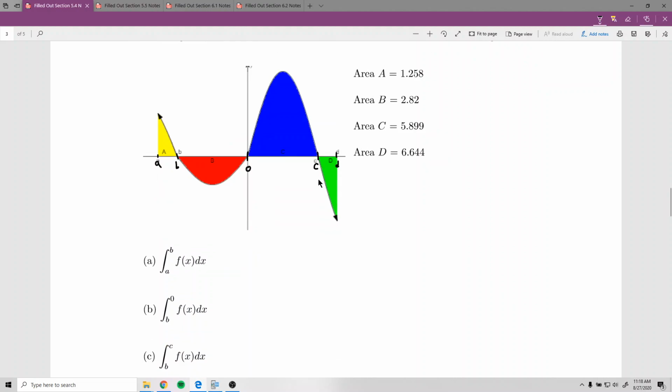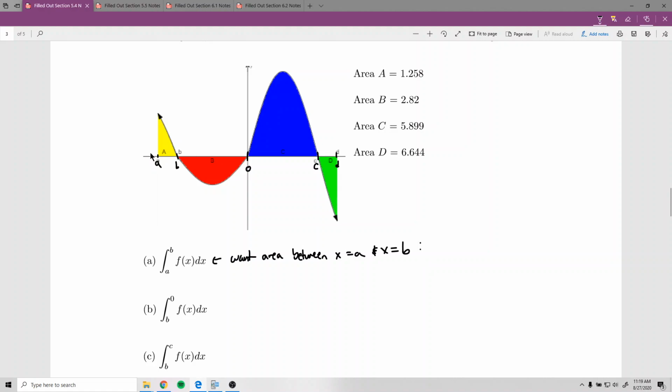All right, so the first thing you want to do is really just interpret this in words since you might be very new to it. It says we want to figure out the integral from a to b of f of x dx. So in words, we want the area between x equals a and x equals b.